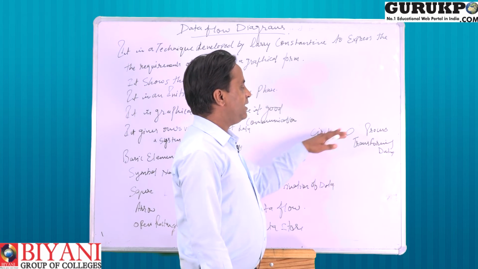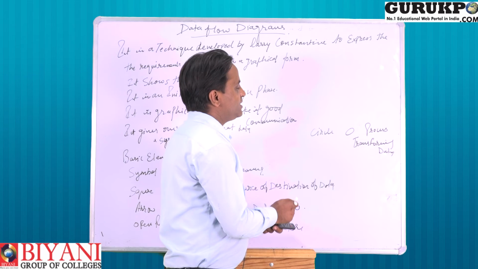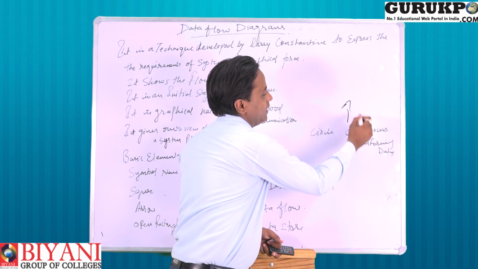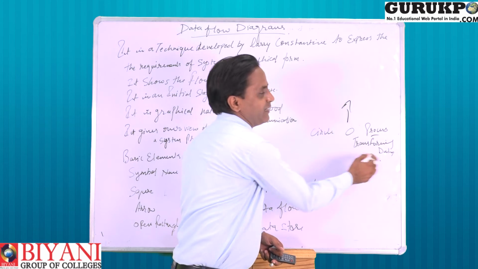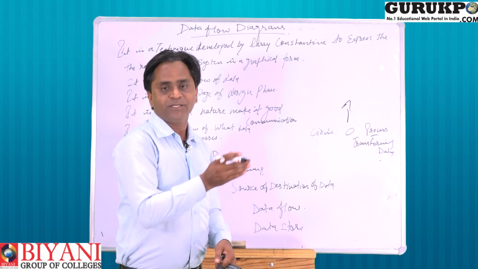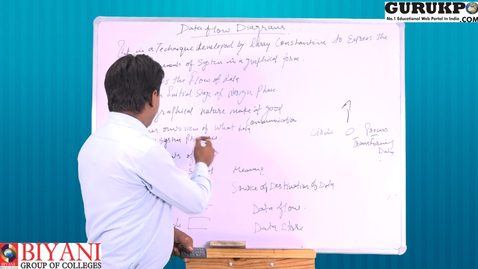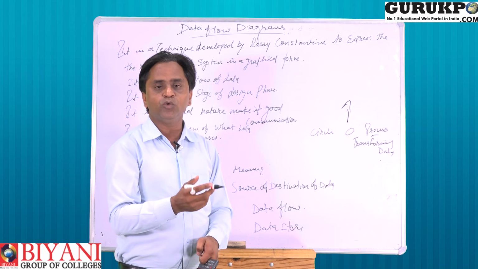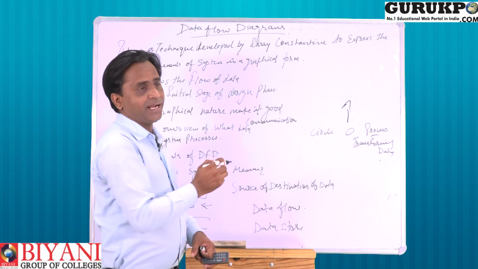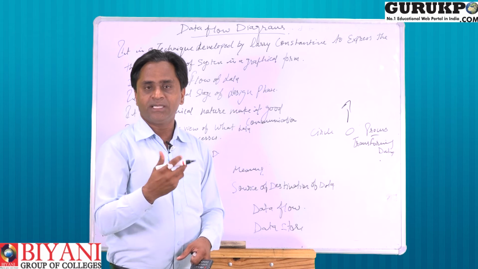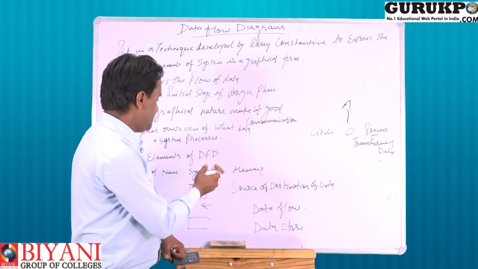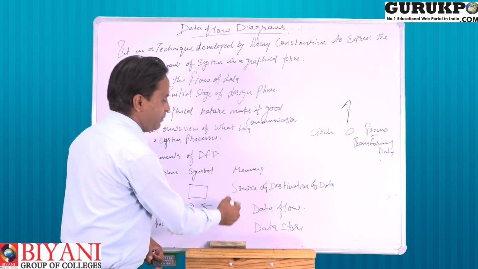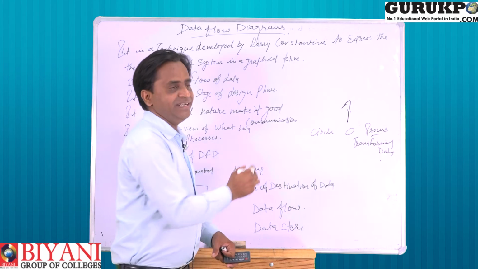A circle shows the process transforming data, which will be transferred from one place to another. These are the basic elements and symbols which we use in our DFD diagrams, and we solve our tasks in different ways using these symbols and their meanings.